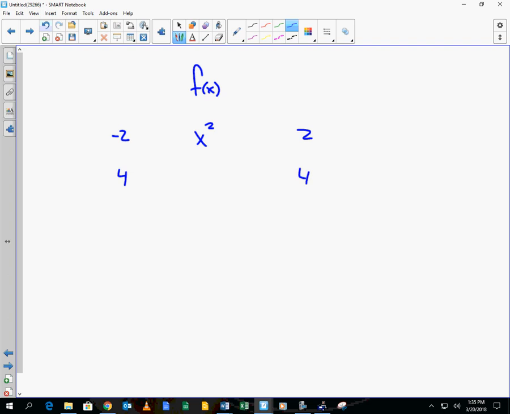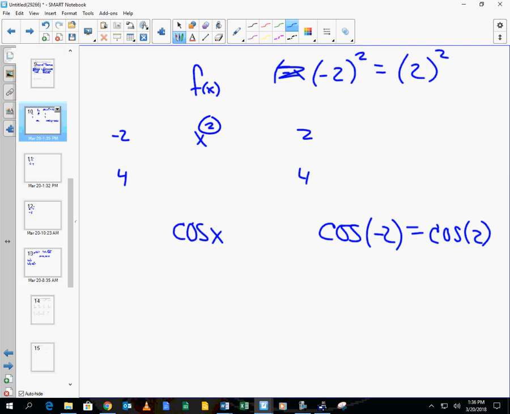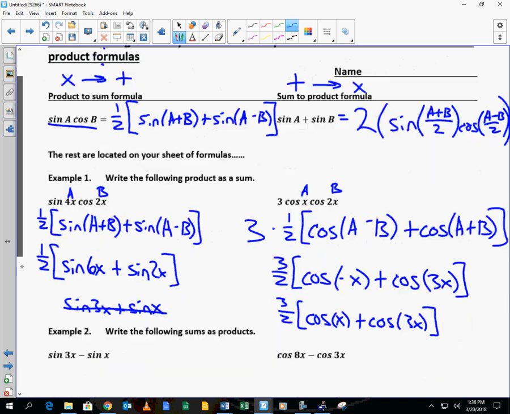So what you're telling me is that negative 2 squared is the same thing as 2 squared, right? That's because this is what we call an even function. Cosine of x is also an even function. So therefore, cosine of a -2 is the same thing as cosine of a +2, just like -2 squared is the same as 2 squared, because they are even. If you want further explanation, we're going to have to digress later on.